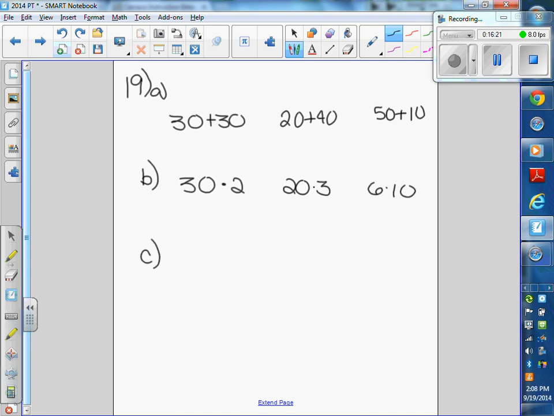So for example, you could write 30 as 10 plus 20 and then multiply it by 2. Because if you have parentheses, you would get 30, right? And 2 times 30 makes 60. You see that?